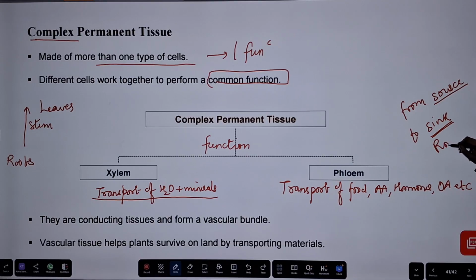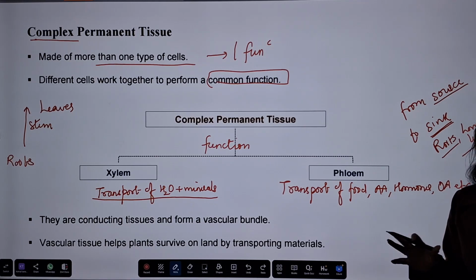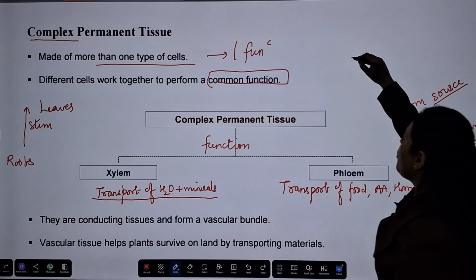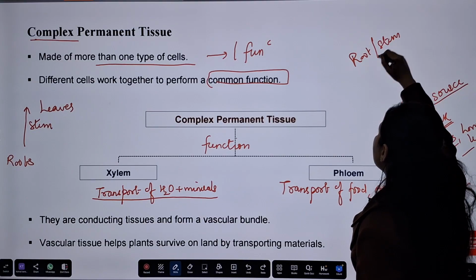For example, roots and the lower leaves, if they need food, since the younger leaves and the leaves at the top are able to manufacture more food, or to any storage organs like underground stems, etc., wherever there is food requirement. Sometimes from a storage organ like underground roots or stem, food is transported to leaves.